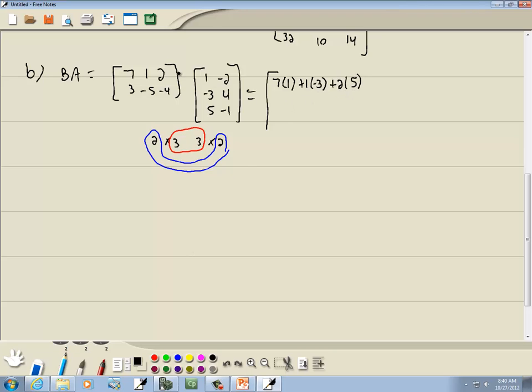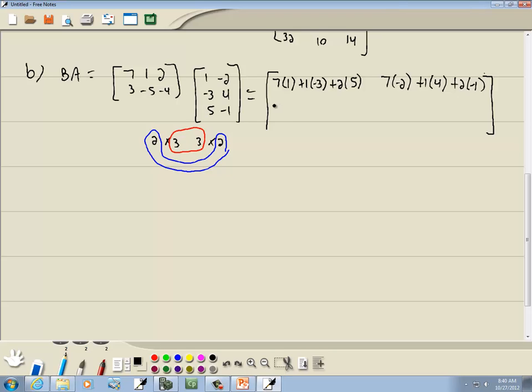Okay. Then I'm going to take this row times this column. So I got 7 times negative 2, 1 times 4, and 2 times negative 1. Okay, let me double check this. 1, negative 3, 5. Oh, no, the numbers first. 7, 1, 2, 7, 1, 2. Okay, that checks.